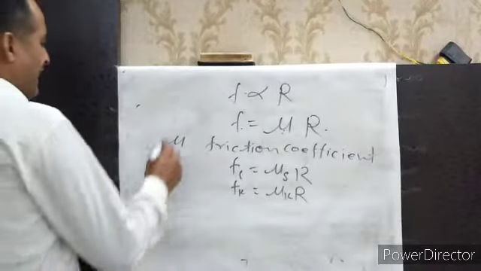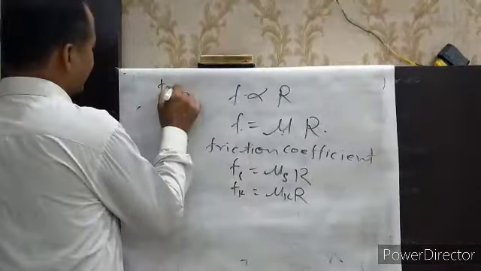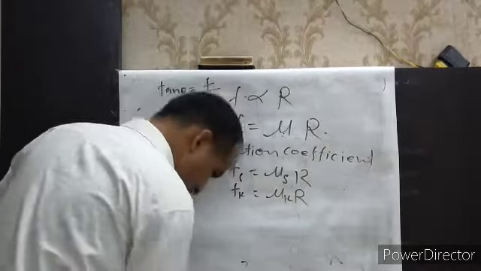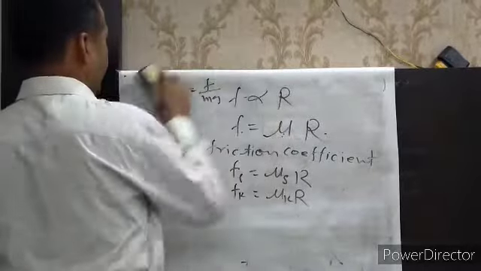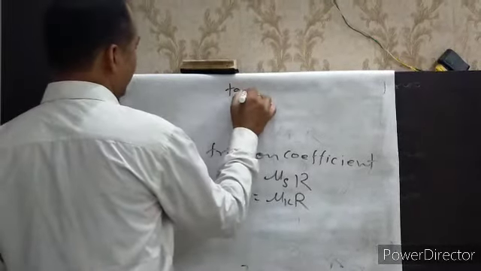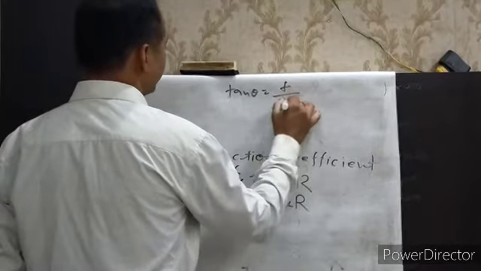And we also know that tan theta is equal to F by mg, because we have derived it.